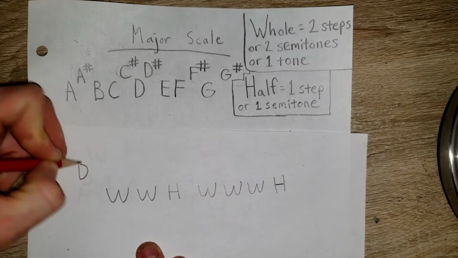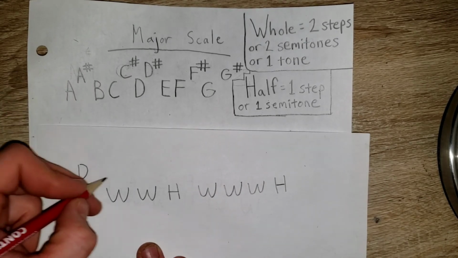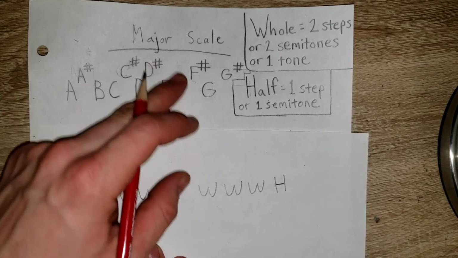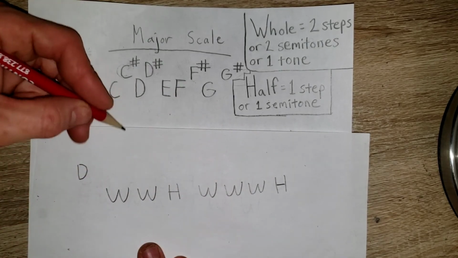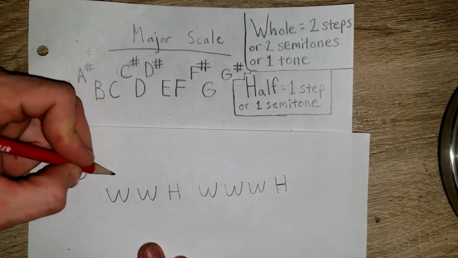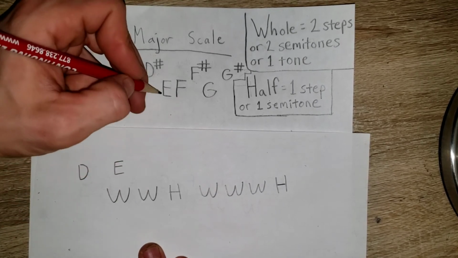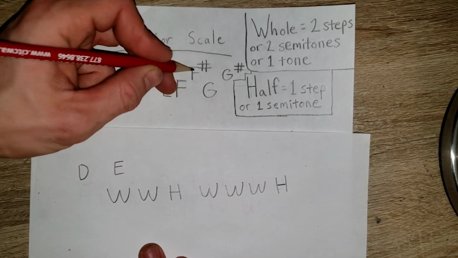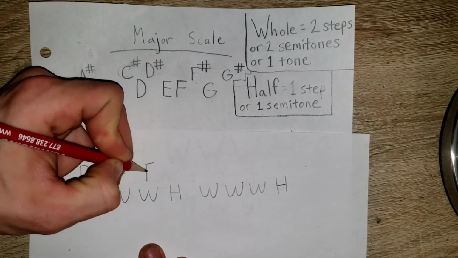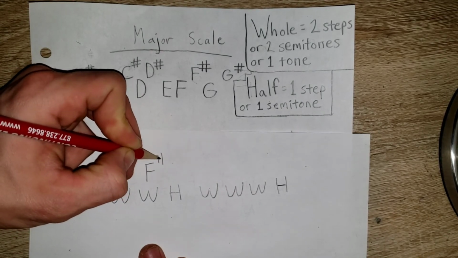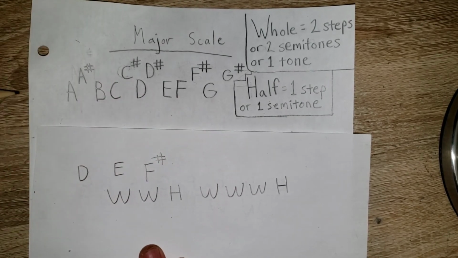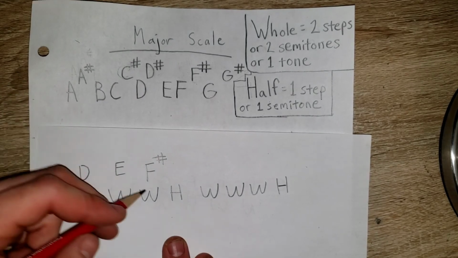Again, we're going to have the D floating over here. And then we're going to go a whole step. So, 1, 2, we're going to go to E. Whole step, 1, 2, it's F sharp. Then we're going to go a half step.